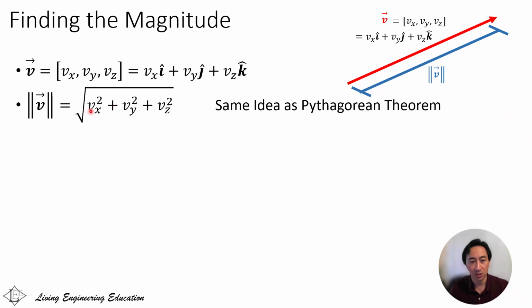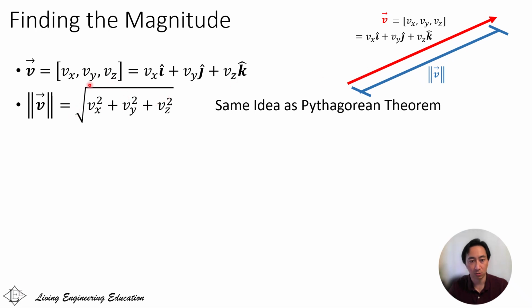So if you go Vx squared plus Vy squared, and just take the square root of that, that would be the base of my first triangle. Then you take the square of that, which is just Vx squared plus Vy squared, and you add it to your third leg, which is your Vz term. So then it'll be Vz squared. And the square root of all that will be the length of your vector, right?